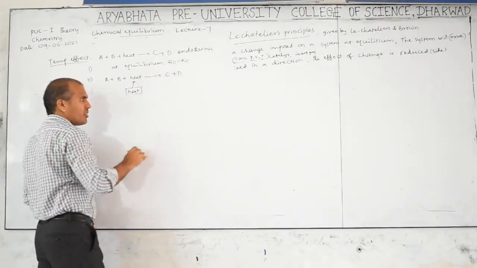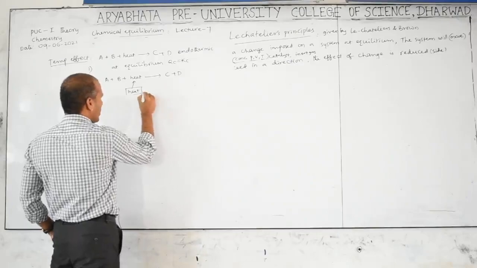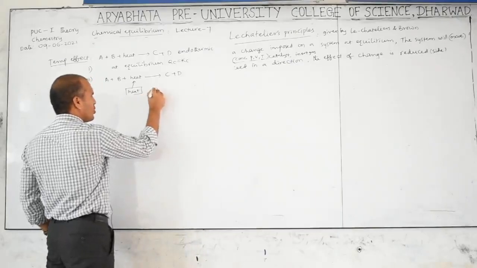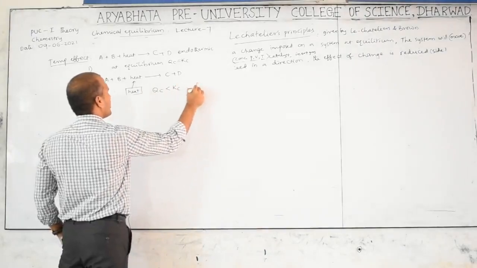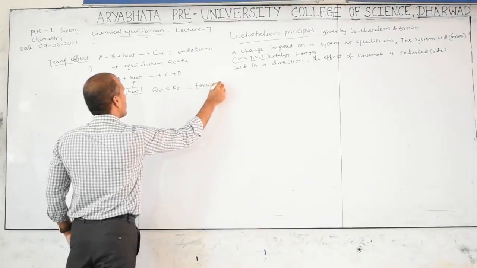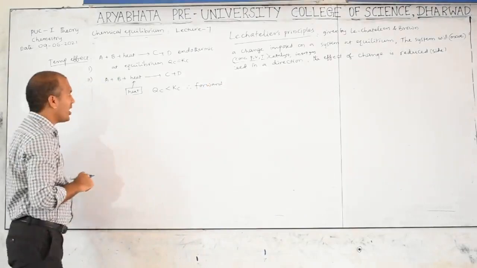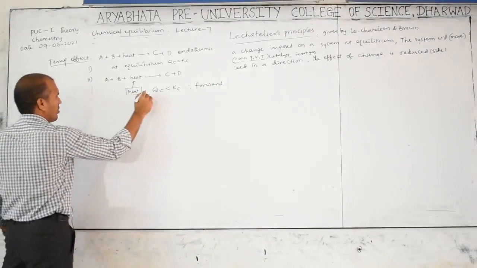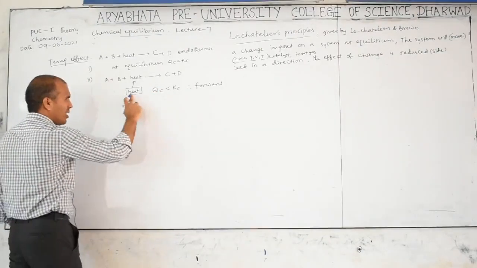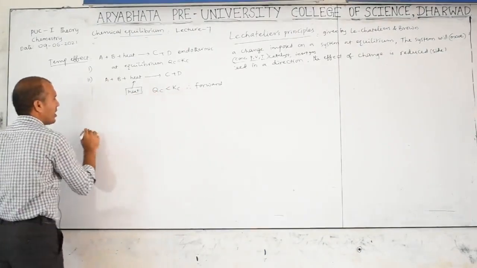Forward direction. Heat added means Qc is smaller than Kc, therefore it is forward for endothermic reaction. Clear? This statement is very important. Heat added means forward for endothermic reaction.